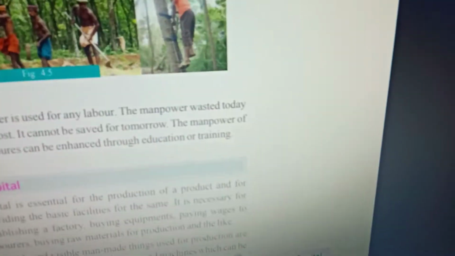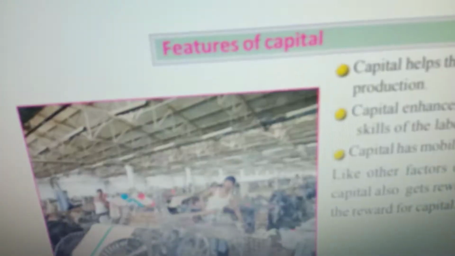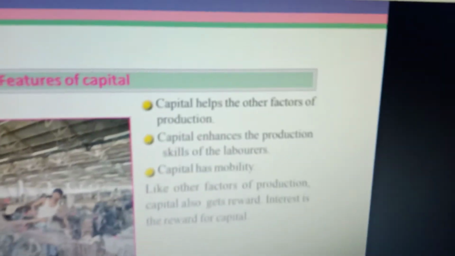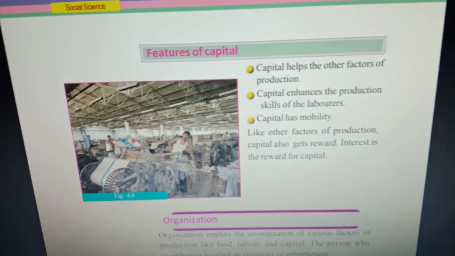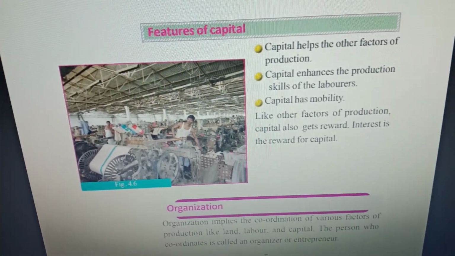Now we are going to study the features of capital. For that we can have a look in the textbook. Please have a look. These are the features of capital. The first one is that capital helps other factors of production.